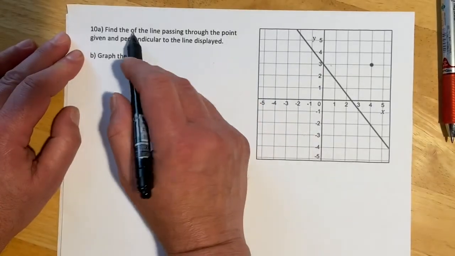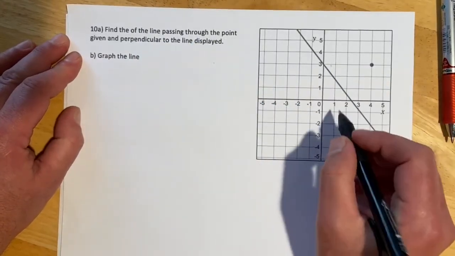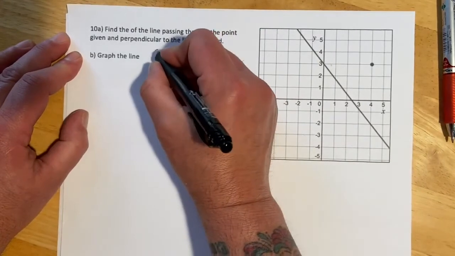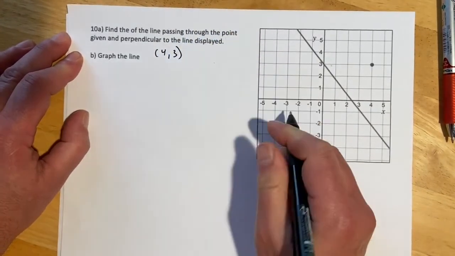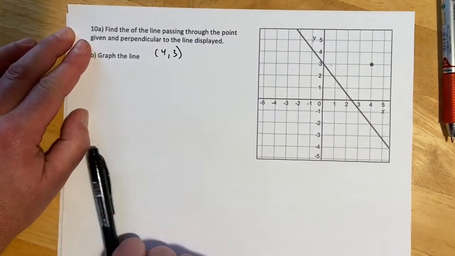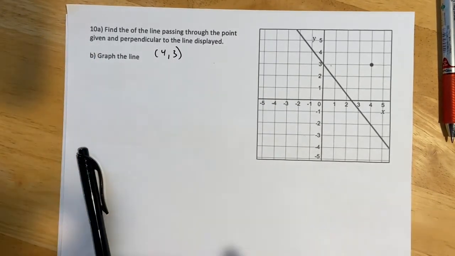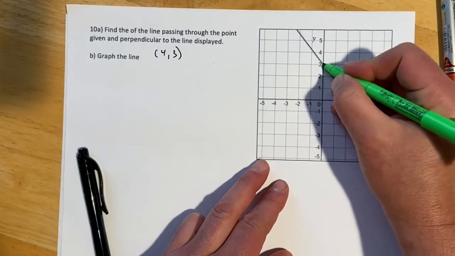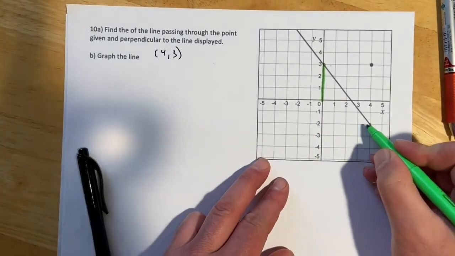Okay, and then this last one, find the line passing through the point that, and that is x is 4 and y is 3, and then perpendicular to the line displayed. So let's see what we got here. Looks like this one is dropping.